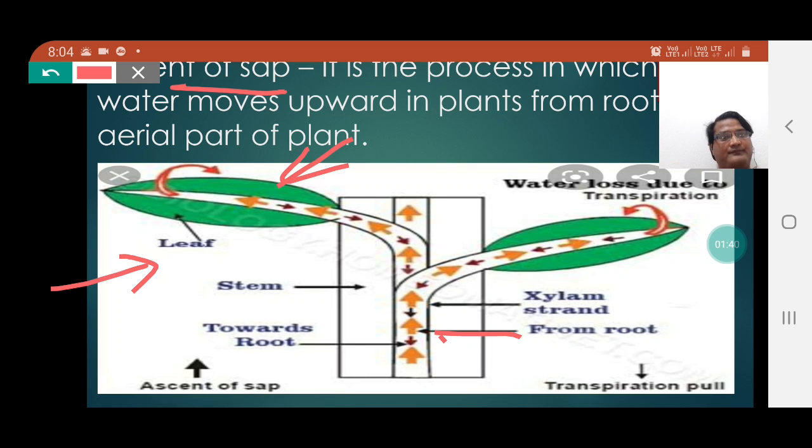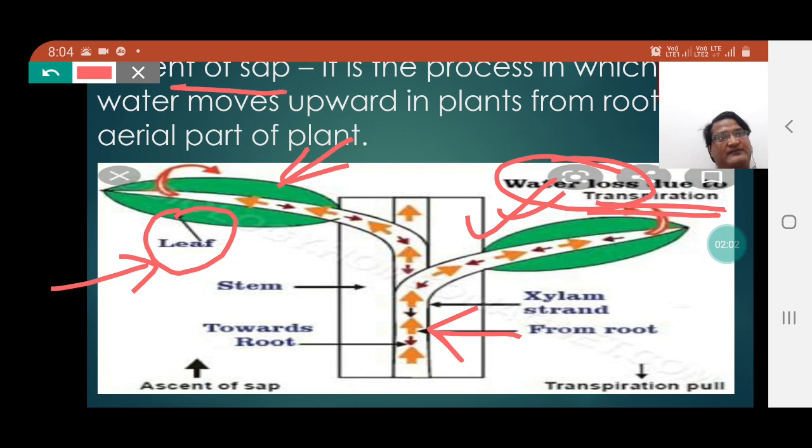There is a stem, and we can see here that the leaf is transpiring, that is, water is lost in the form of water vapor during the process of transpiration, and this transpiration which is taking place in the leaf is generating the transpirational pull, which you can see, students, here.